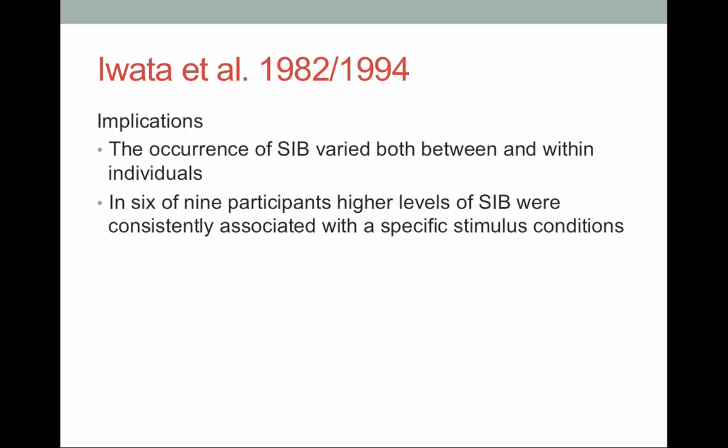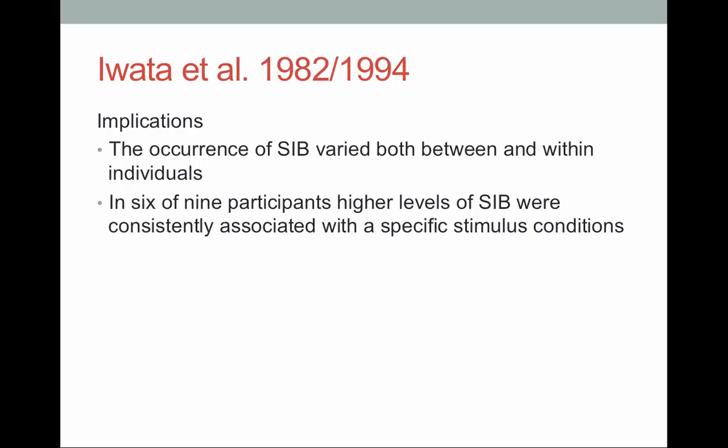So, as opposed to that, what this study really demonstrated, and really it's a hallmark of our field right now, is that we assume that behaviors can be maintained by anything. There aren't treatments that are effective for particular topographies of problem behavior.